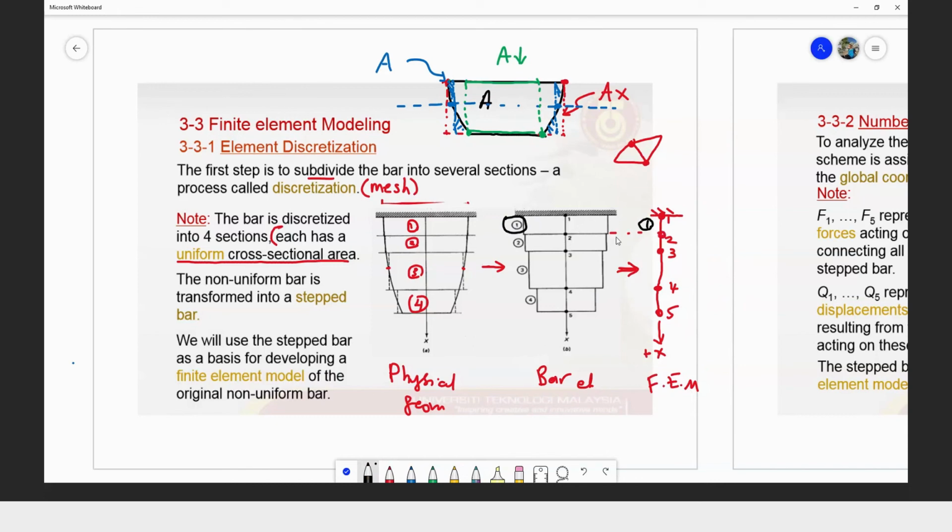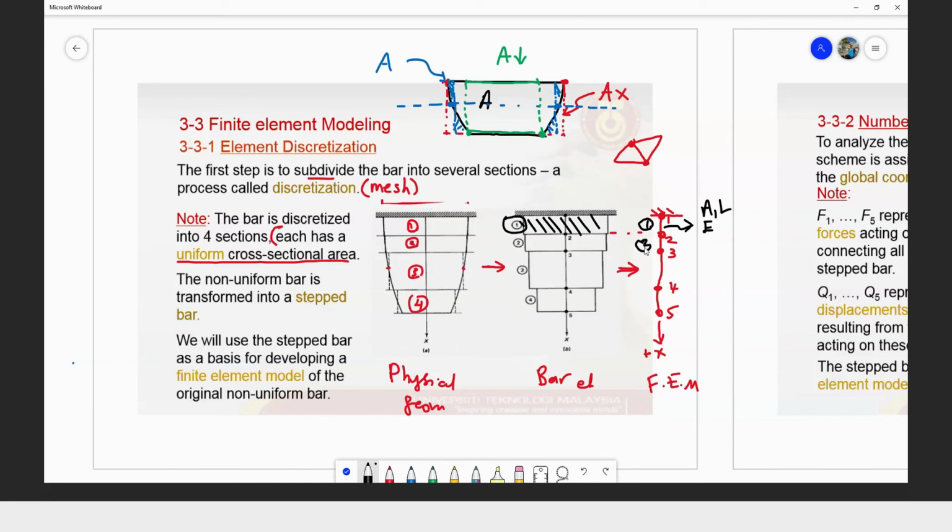So this line actually represent the whole sections of our elements, which is this line ni it contains information of your structure ni lah, yang physical ni. Dia ada area dia, dia ada length dia, dia ada material properties dia, modulus of elasticity dia. So dia store dalam ni. Kita simpan dia dalam tu.